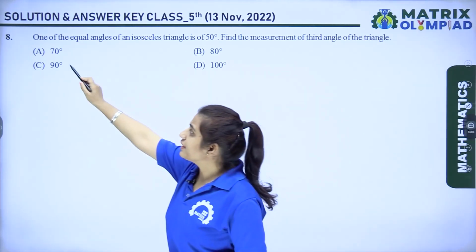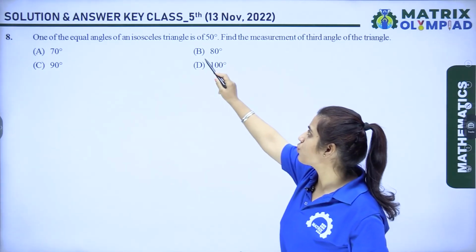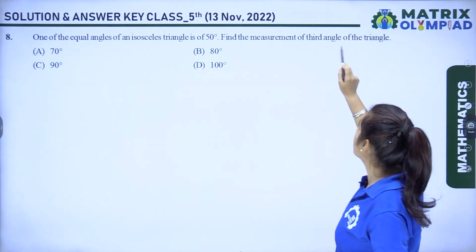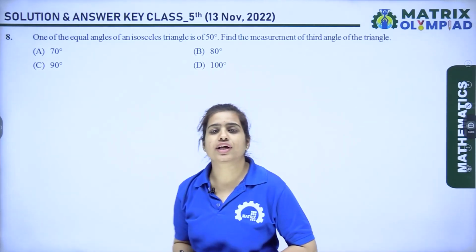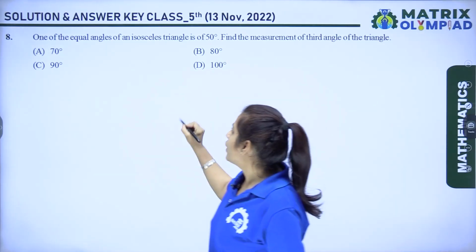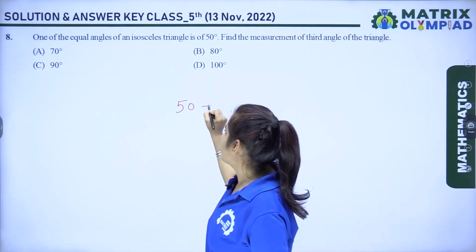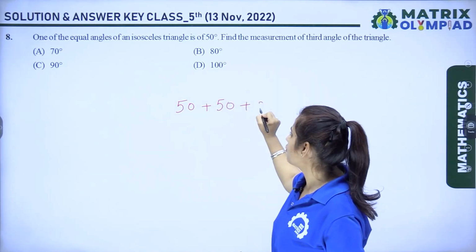Question number 8 says that one of the equal angles of an isosceles triangle is of 50 degree. Find the measurement of third angle of the triangle. Now we know that in isosceles triangle, 2 angles and 2 sides are equal. So here one equal angle is equal to 50. So another angle is also 50 and the third angle we have to find out.